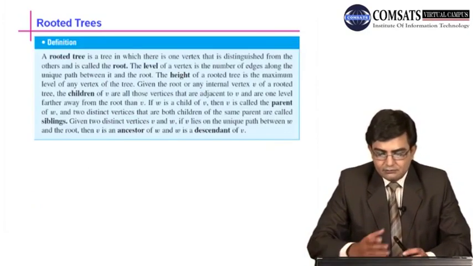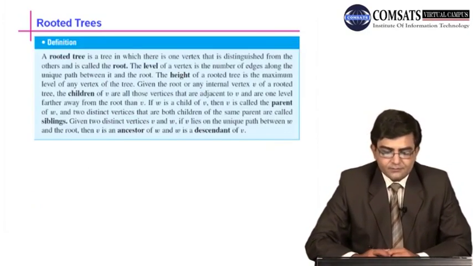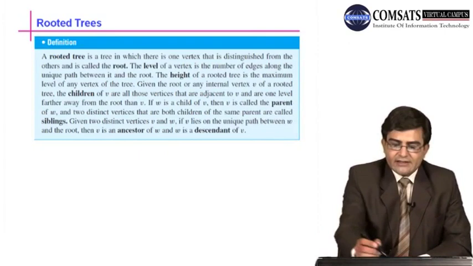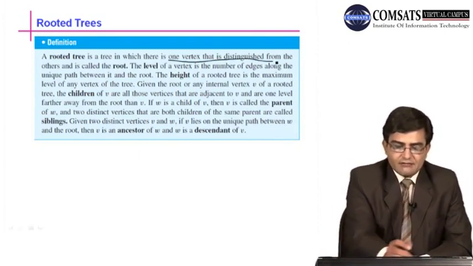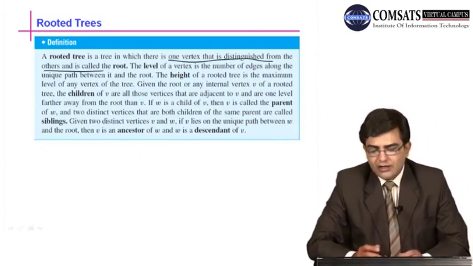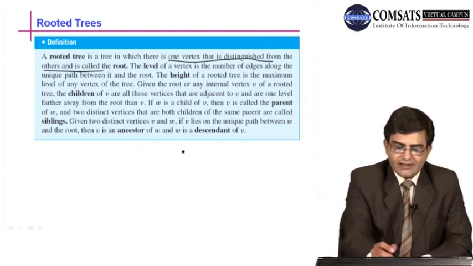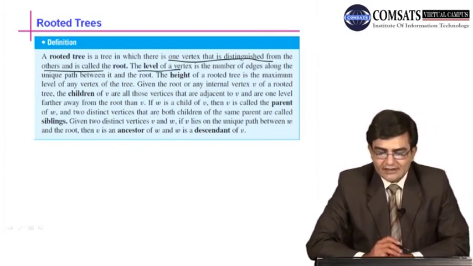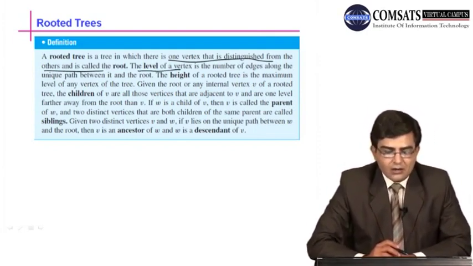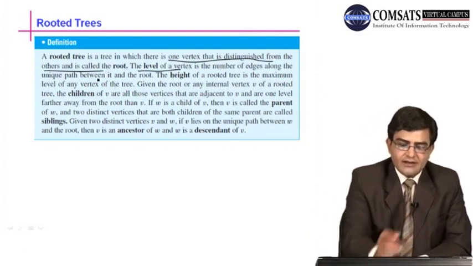Now let's revisit the definition. One vertex which is distinguished from the others is called a root. We have just discussed the level of a vertex. The level of a vertex is the number of edges along the unique path between it and the root.